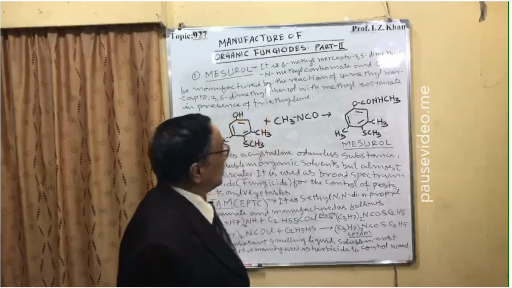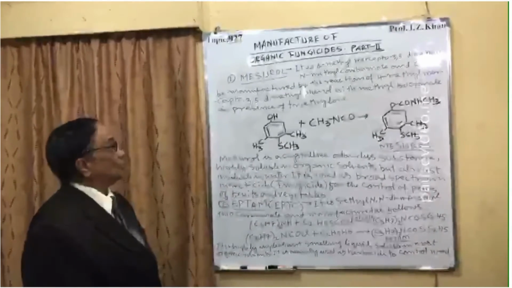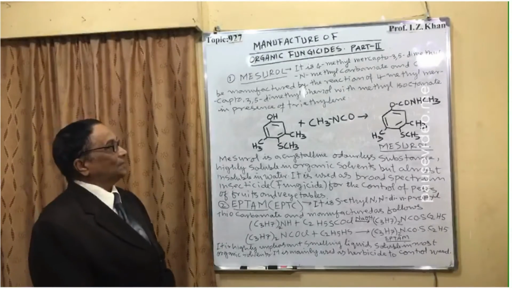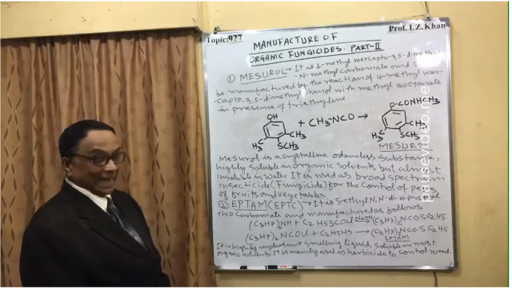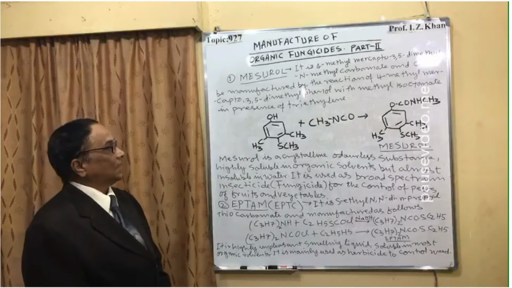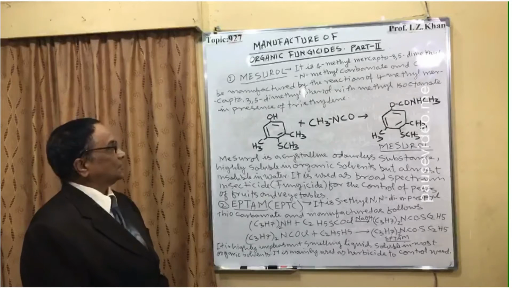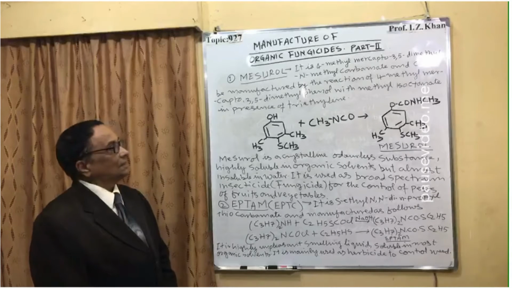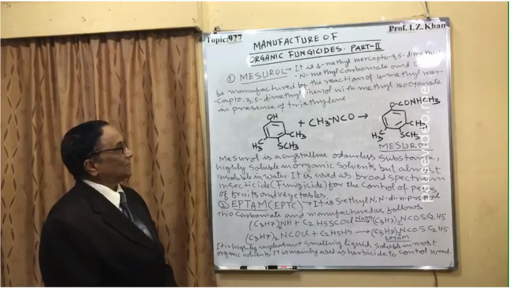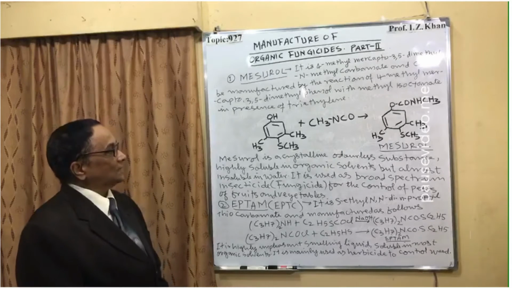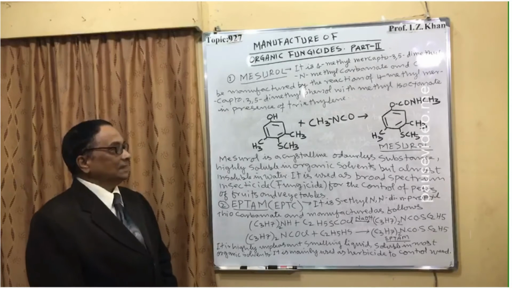The first one I am giving here is Mesurol. Mesurol is 4-methyl mercapto 3,5-dimethyl-N-methyl-carbamate, and it can be manufactured by the reaction of 4-methyl mercapto 3,5-dimethyl-phenol with methyl isocyanate in the presence of triethylamine.